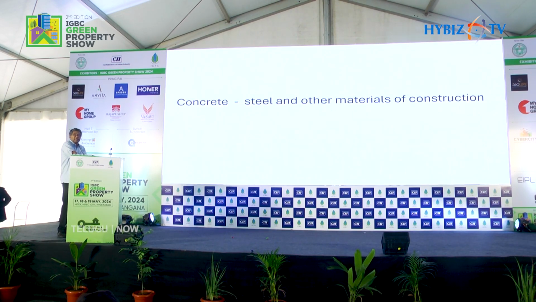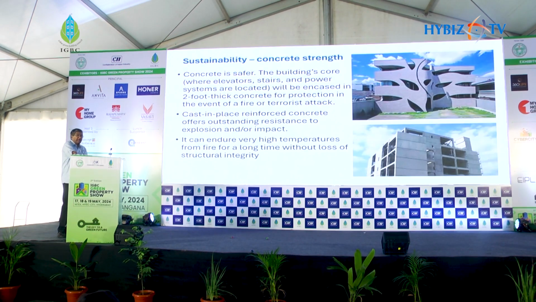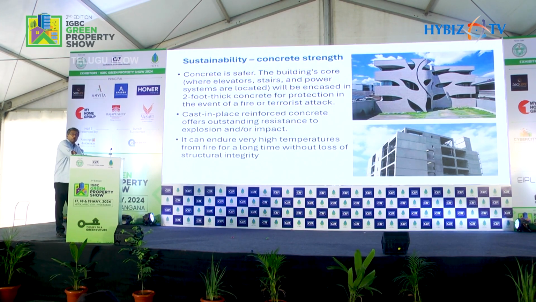Now we have predominantly two materials used for construction. One is concrete. Concrete is pretty strong in construction. It is most impermeable, no leakages, and pretty strong. It can be a 100-story building. The tallest building you have seen nowadays is in Dubai at 828 meters.